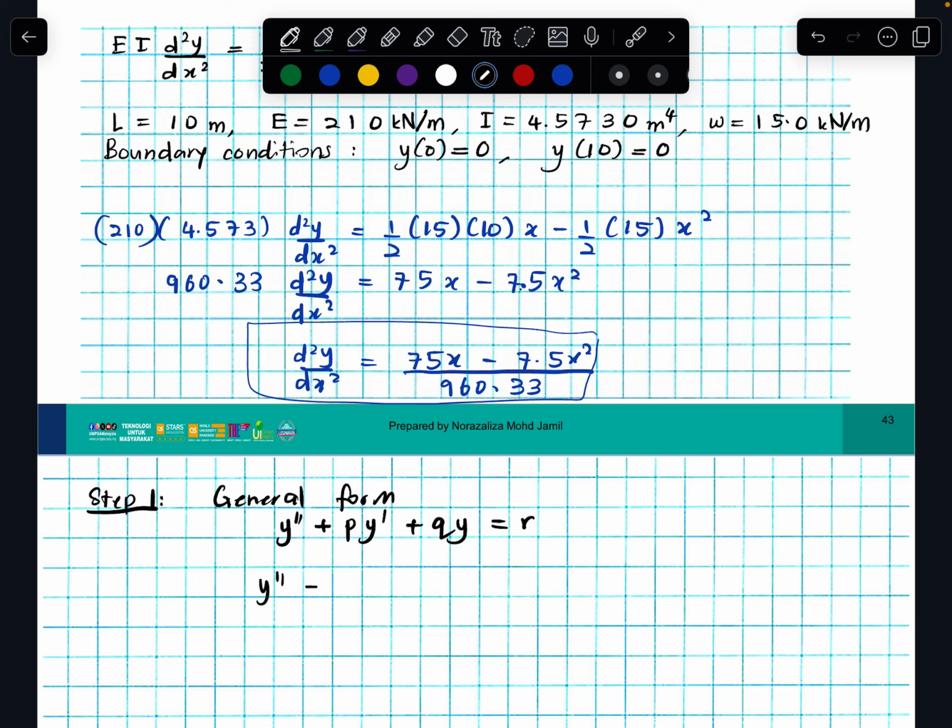Before we bring the value to the left, let's examine, is it necessary? Look here, this is y double prime, and do we have y prime here? No. Do we have y? No. So this one will remain at the right hand side. So what you have here, y double prime equal to this.